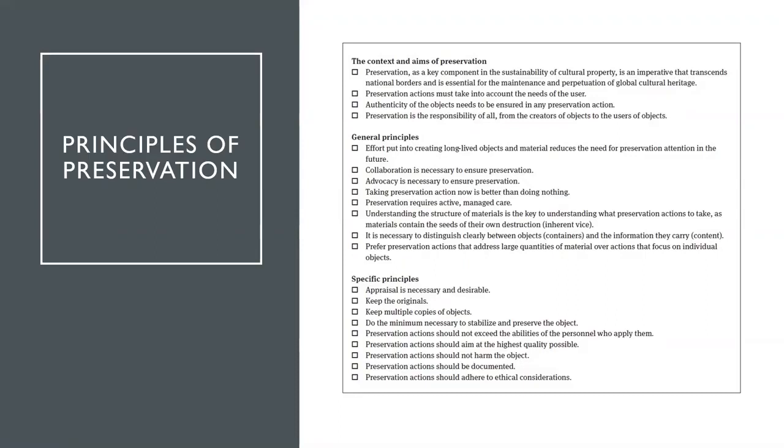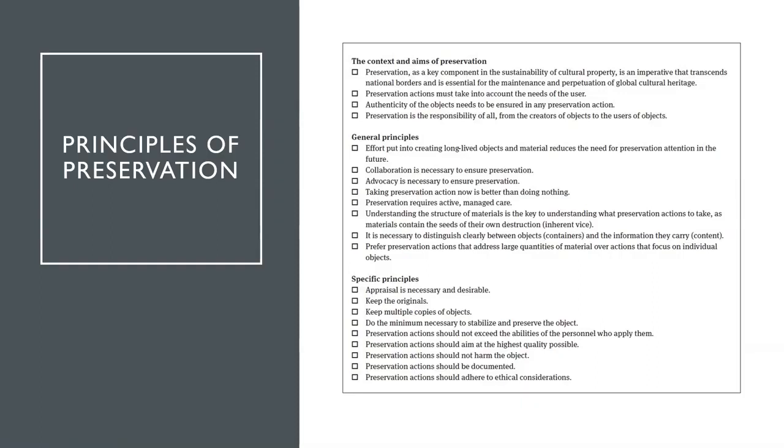Some of these specific principles are interesting to look at as well. So do the minimum necessary to stabilize and preserve the object. Again, this goes back to the ideas of sustainability. Preservation action should not harm the object. Hopefully that's pretty obvious and pretty straightforward. Preservation action should be documented so that archivists can make researchers aware of how the records have changed over time.